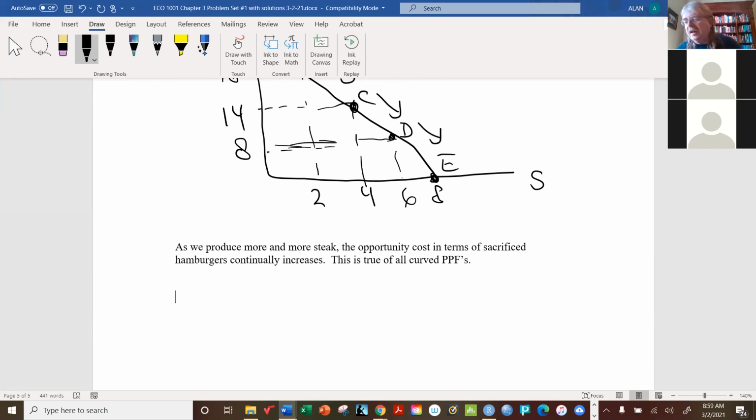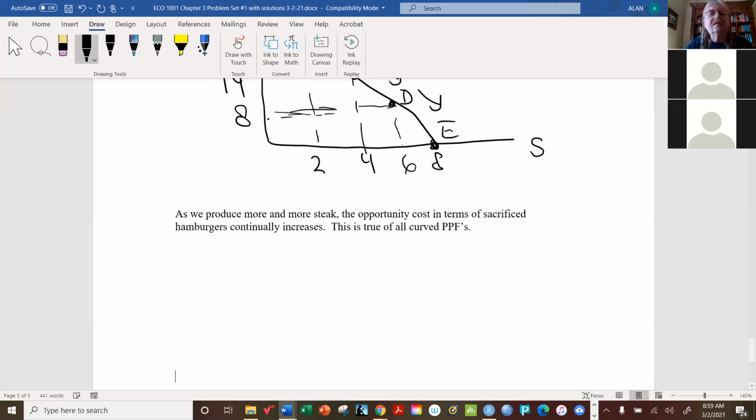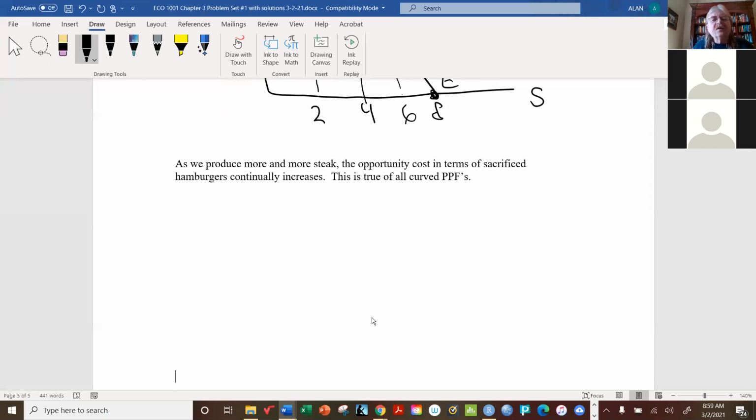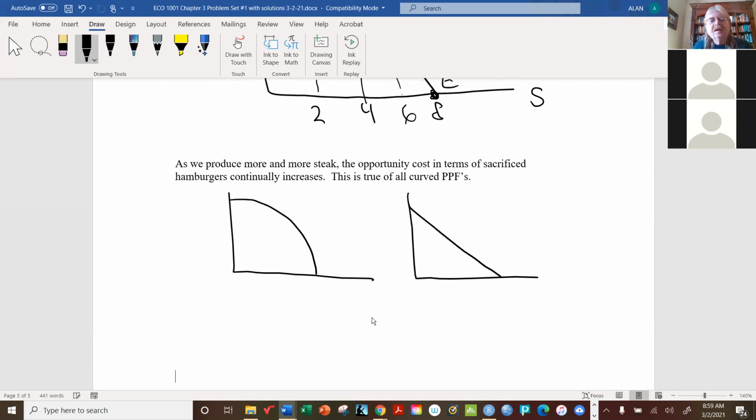By the way, I just want to point out, interestingly enough, the curves that we've seen come in one of 2 forms. We either have a curved one or we have a straight line. And so this one is sometimes said to be concave, concave to the origin.